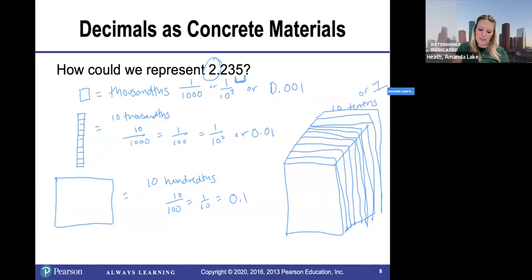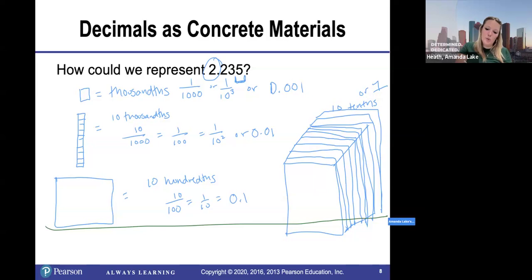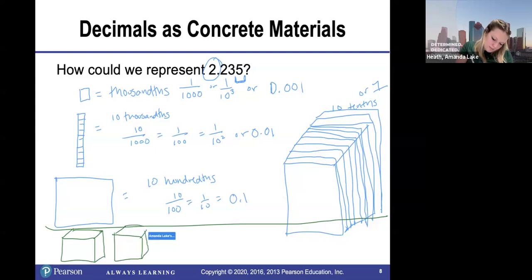So when I go to represent this number and I have this key, I'm going to be having, see if I can draw it down here at the bottom. I need 2 ones, so I'm going to have 2 big cubes. That's my 2 ones.